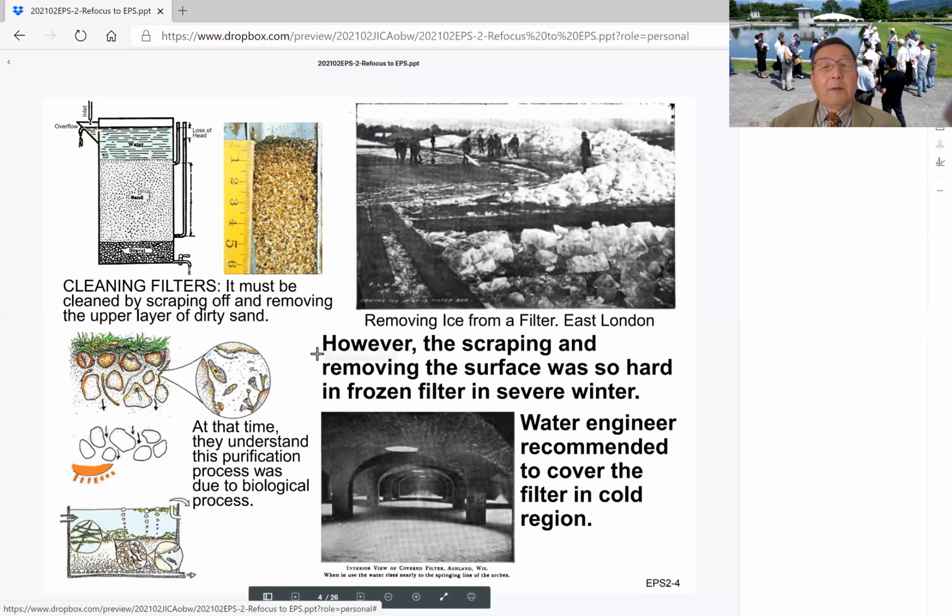However, scraping and removing the sand surface was so hard in a frozen filter in severe winter. This is East London. The water engineer recommended covering the filter in cold regions.